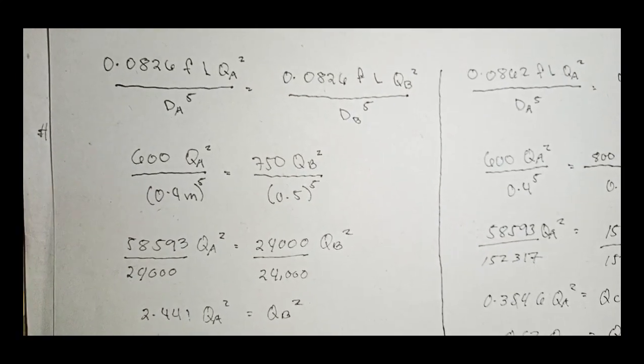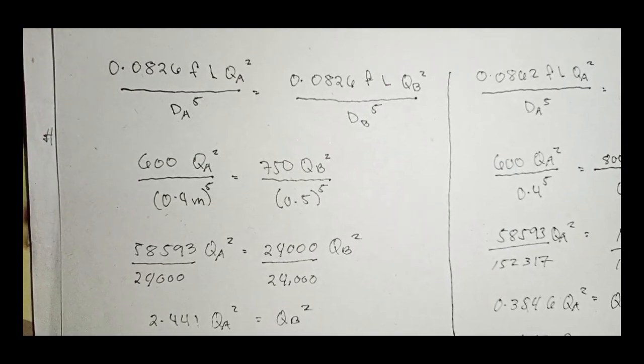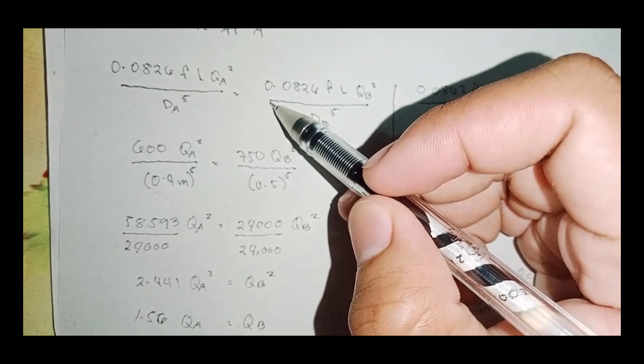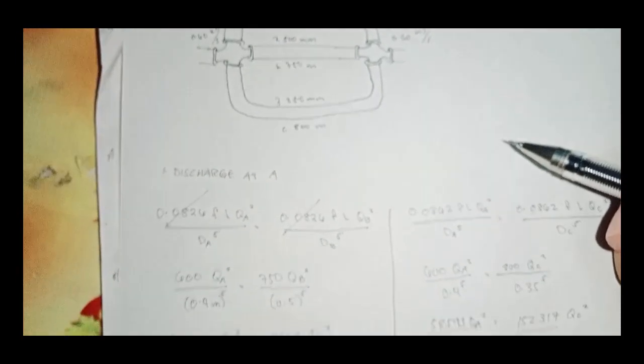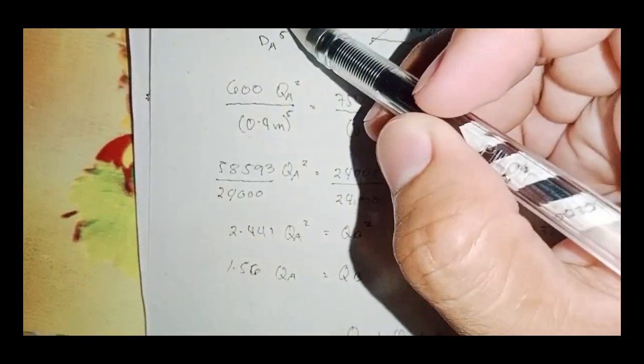Since both equations have the same value of 0.0826, this will cancel out, and as said in the problem, friction factors are equal for each pipeline, meaning our friction factor will also cancel out.